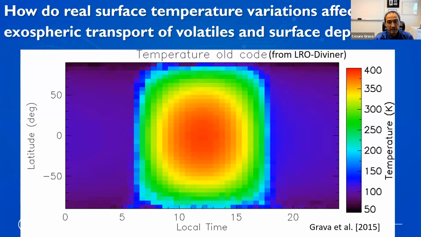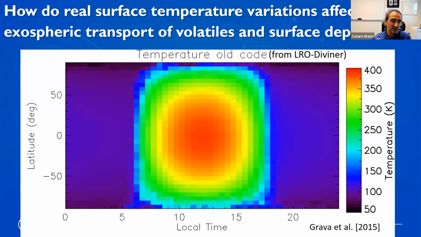For the temperature variations, what I mean by that is that many researchers, including myself, have used a 2D map of the lunar surface temperature to model the exosphere. Surface temperature is really important to study the structure of any surface-bounded exosphere.